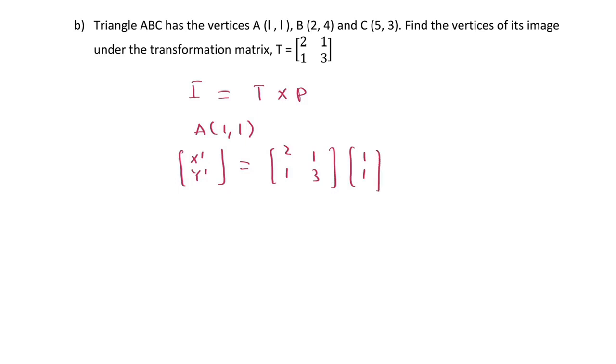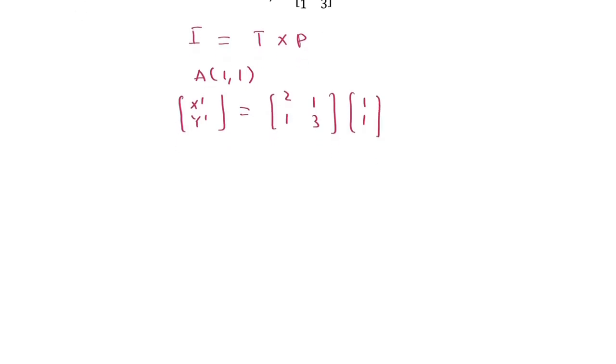Okay, so applying the multiplication of a matrix, then our equation is going to be X image, Y image equals 2 times 1 plus 1 times 1, 1 times 1 plus 3 times 1, of which solving this, we are getting matrix 3, 4.